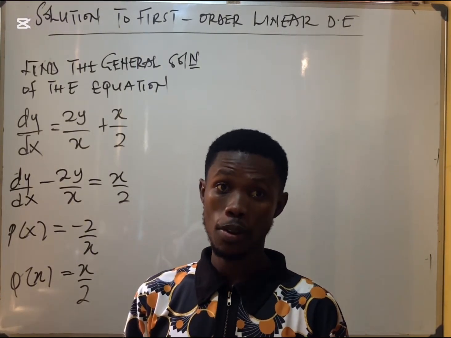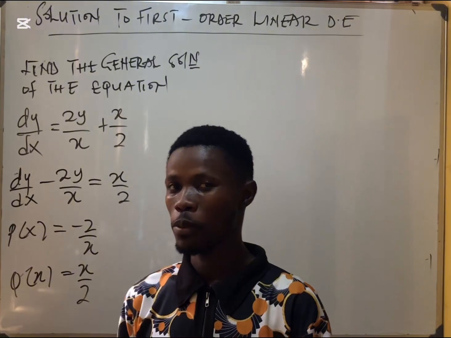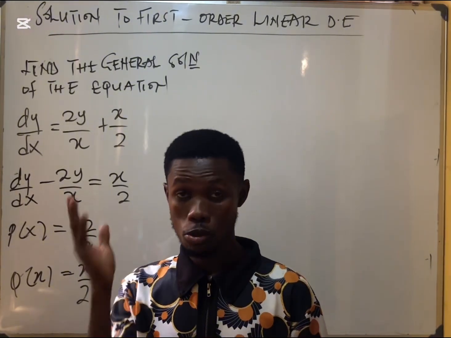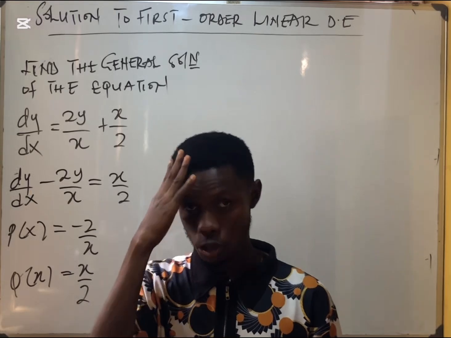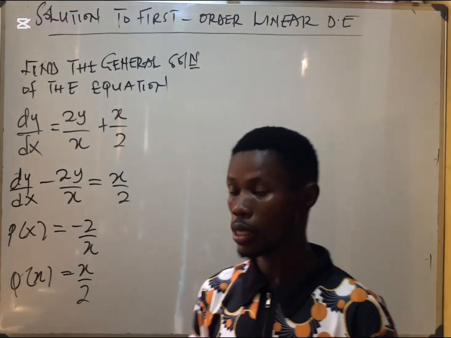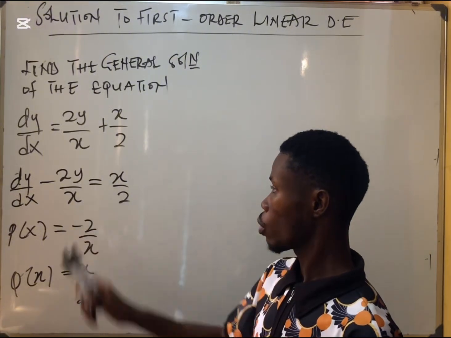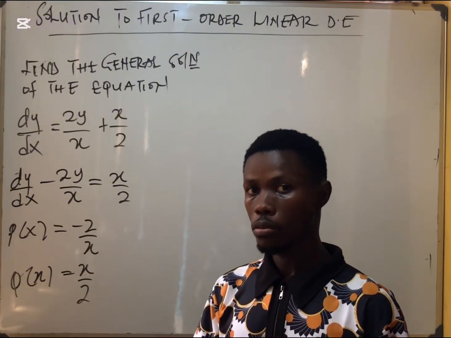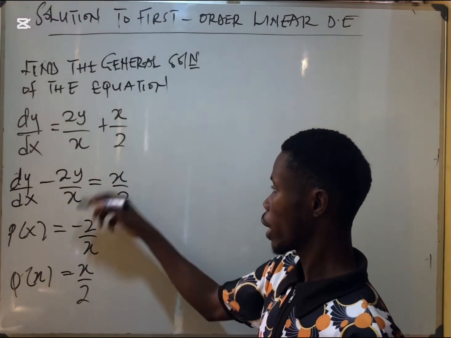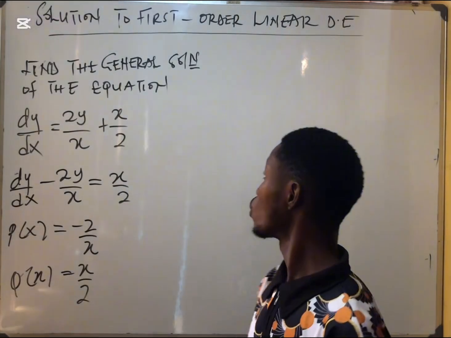But I normally don't deal with the formula, because the formula is too lengthy, and it will be very difficult for you to memorize it. So look at the procedure I'm going to use. When I was proving the formula, I said that when they give it to anyone to solve, first solve it homogeneously, meaning that you put q of x to be 0.